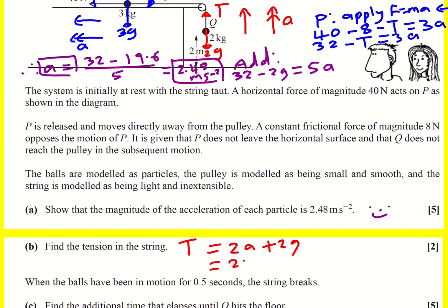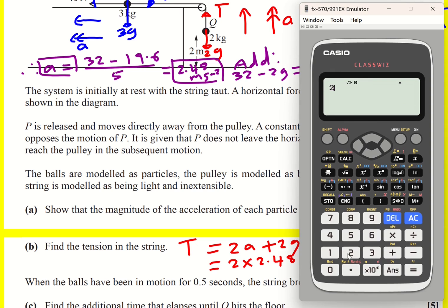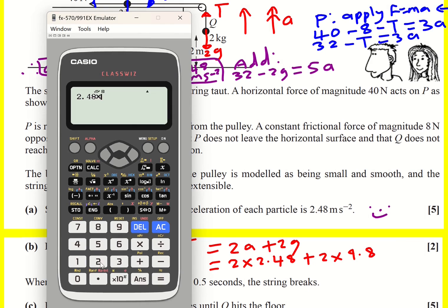So it's going to be 2 times 2.48 plus 2 times 9.8. I didn't write it in exactly the same order, but it's the same thing.